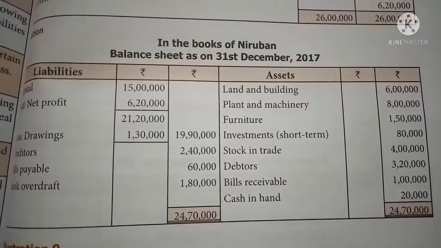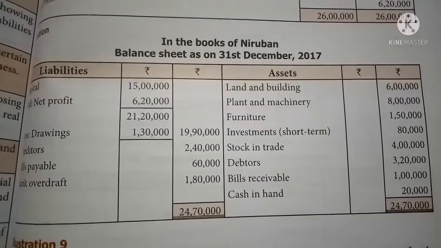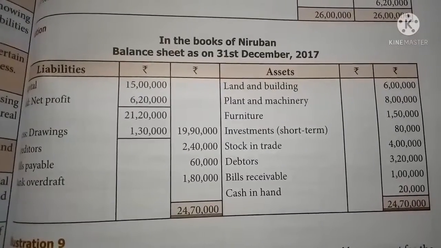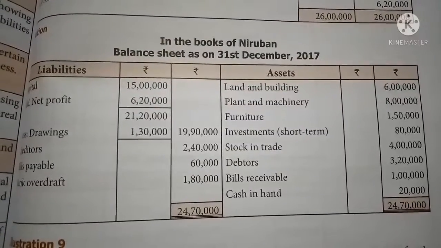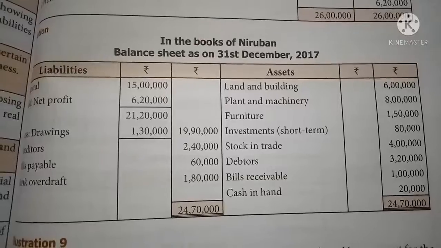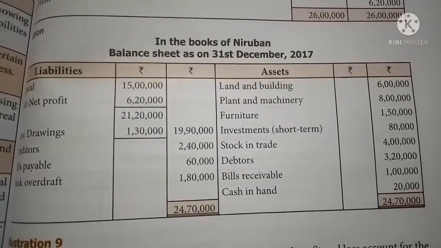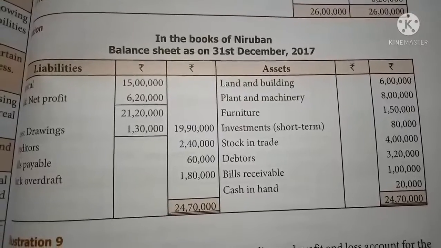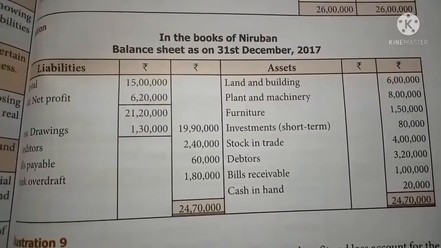So it must tally. The balance sheet should tally, that is, liabilities and assets, both sides should total the same. Likewise, with the help of the specimen, you can work out balance sheet problems in the exercise.